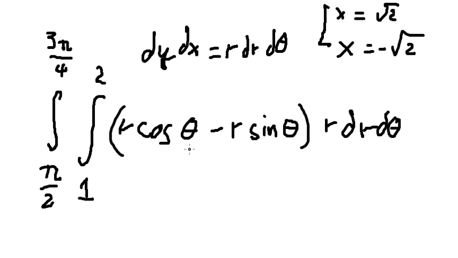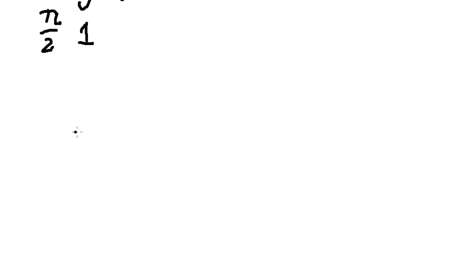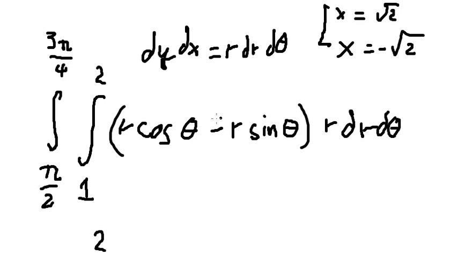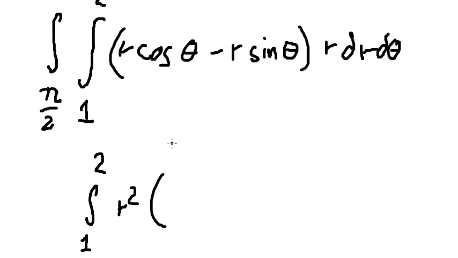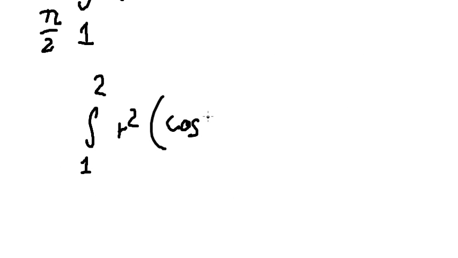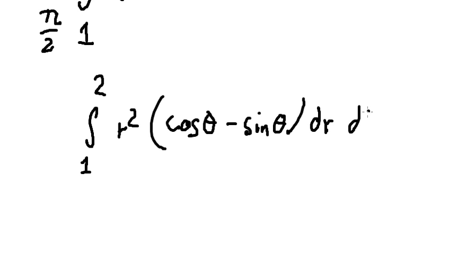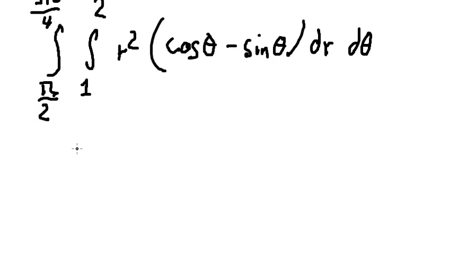And now we need to calculate this one. So we have r multiplied by r and r, so that is r squared. So we put r outside.